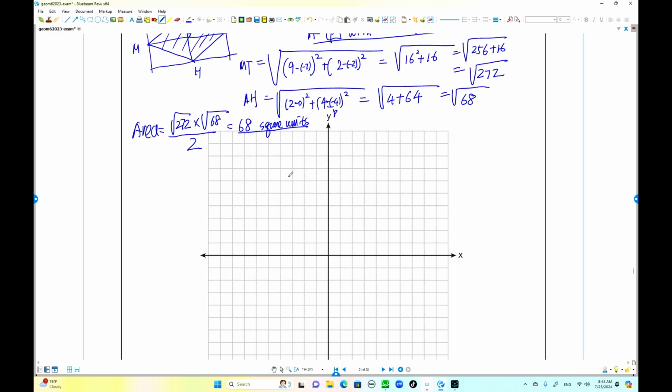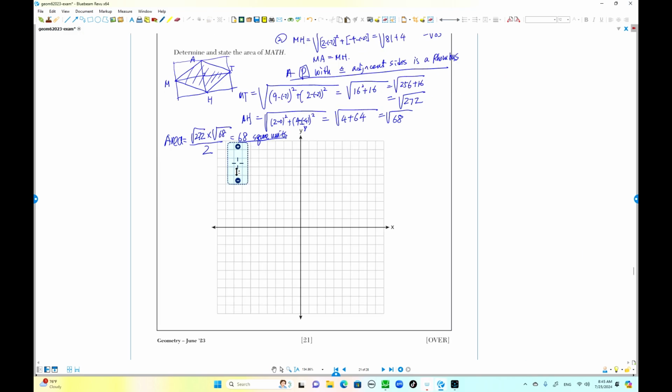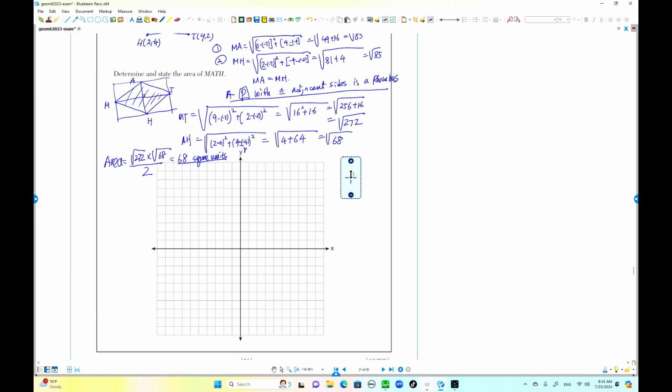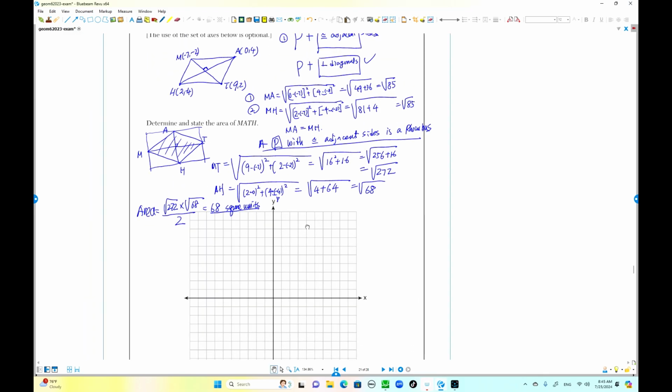When you graph this parallelogram, it gives you some idea. This one looks like a rhombus. I'm going to show you. (-7, -2) here, and (0, 4) over here, and (9, 2) over here, and (2, -4) over here.